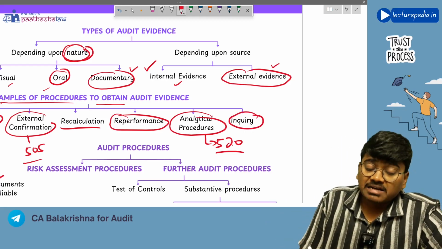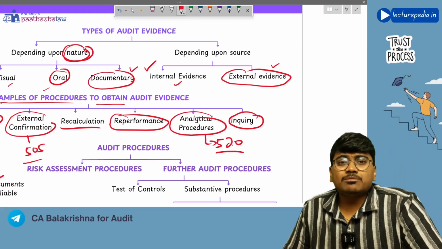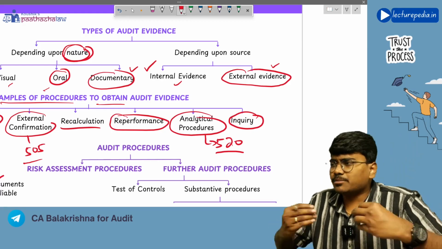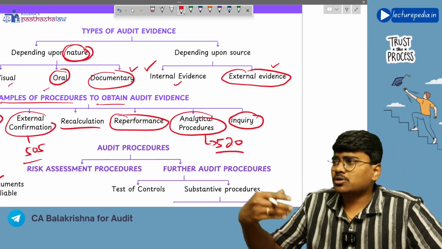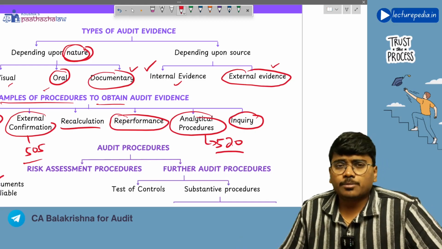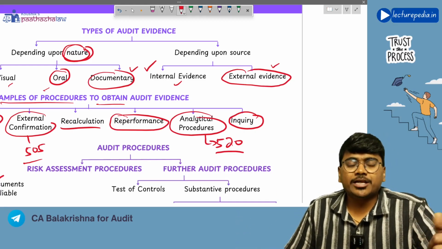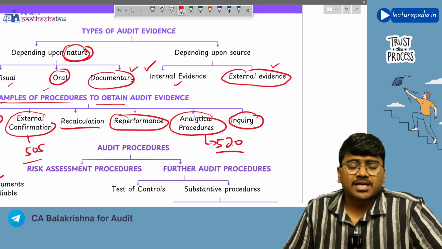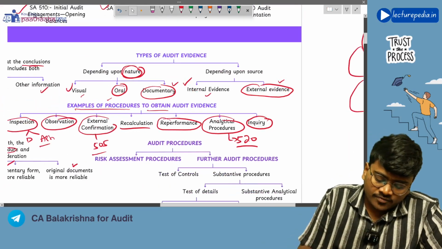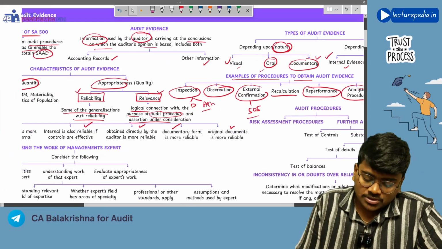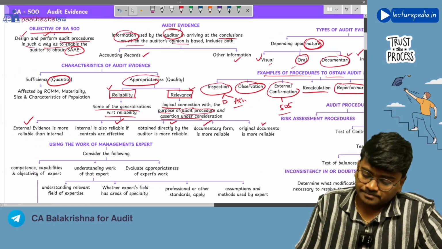Next, inquiry. Inquiry means asking questions to the management or to any third party and getting answers to those questions. So through inquiry procedure also you can get audit evidence. These are some of the examples of procedures that you can perform.